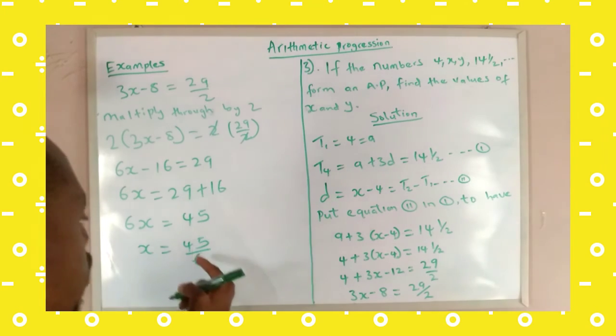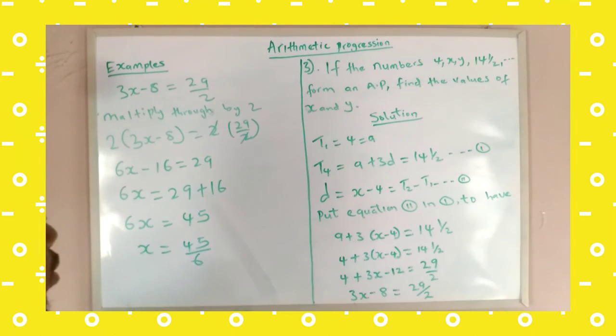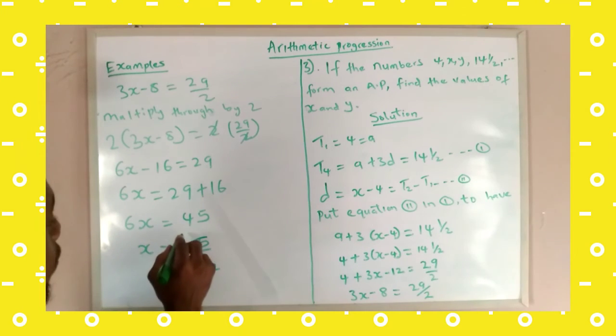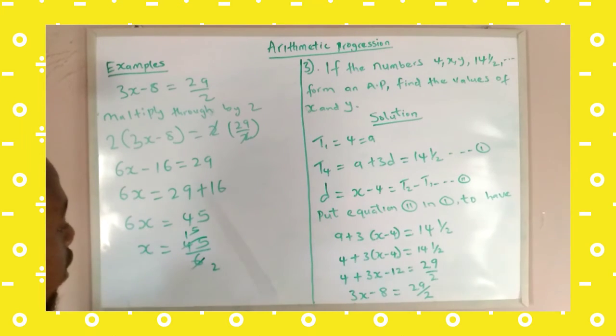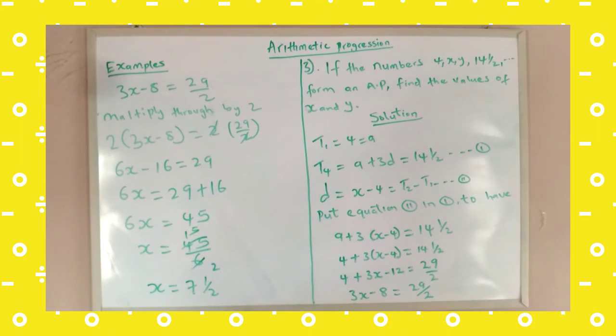Yes, there is something common to both numerator and denominator. So we can use 3 to divide this 6 2 times. We can use 3 to divide 45 15 times. So our x will be equal to 15/2, and that will be 7 1/2. That's the value of our x.